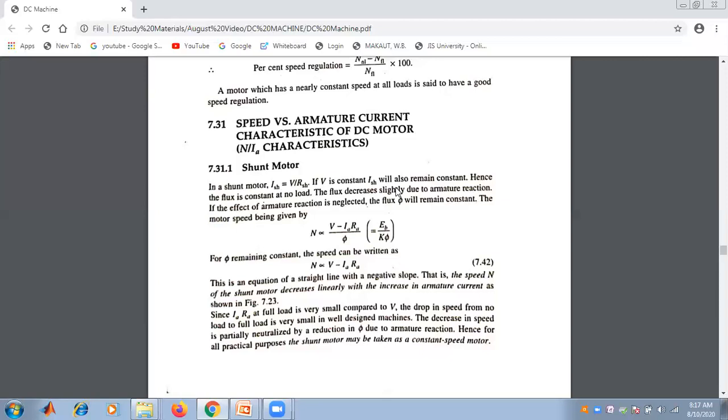Hence the flux is constant at no load. The flux decreases slightly due to armature reaction. If the effect of armature reaction is neglected, the flux phi will remain constant.